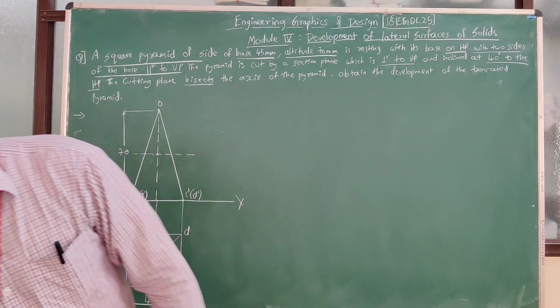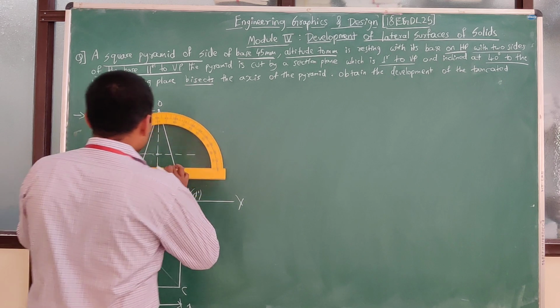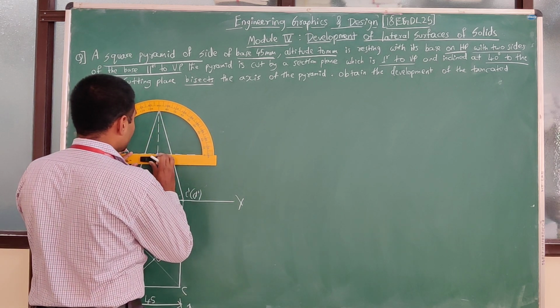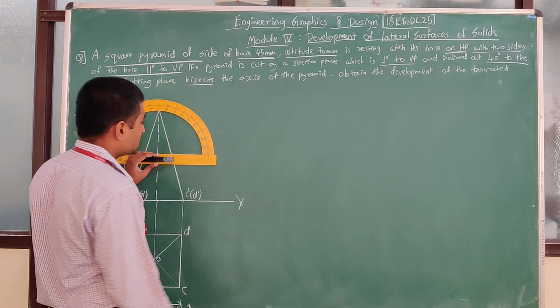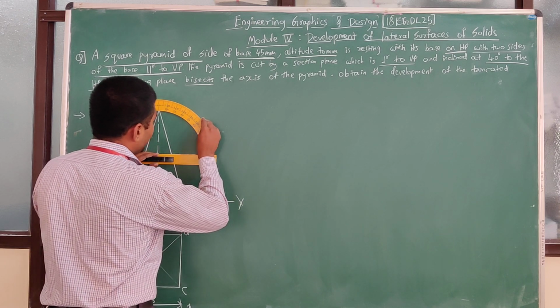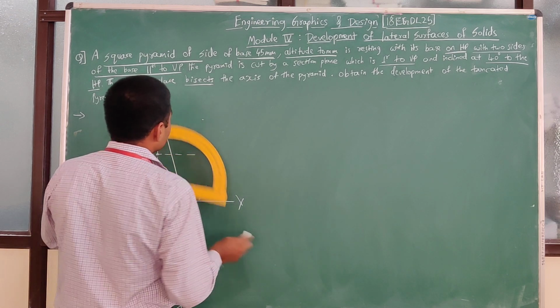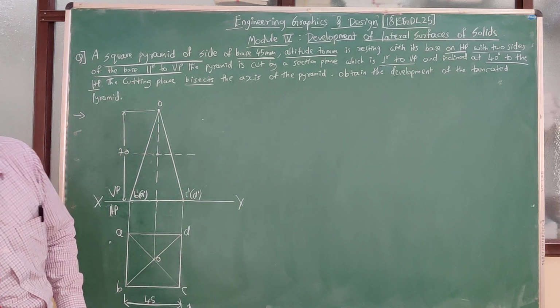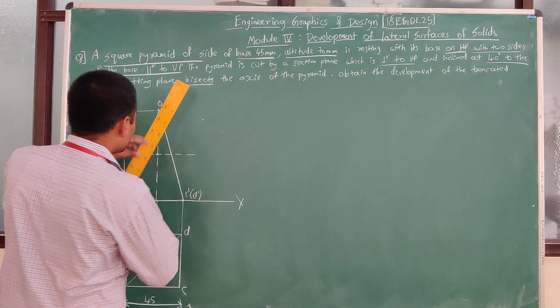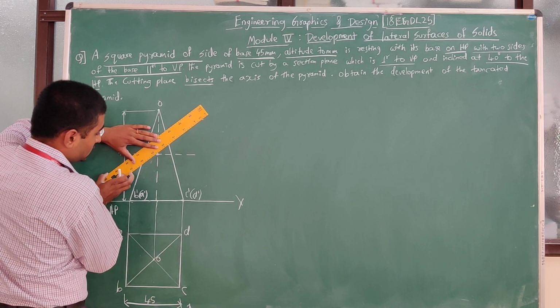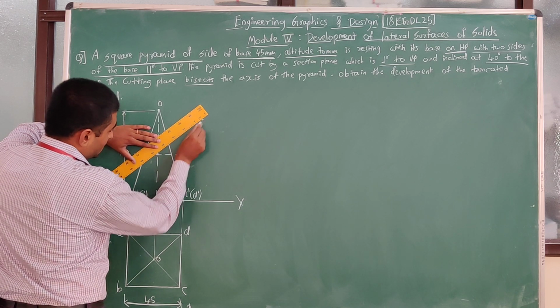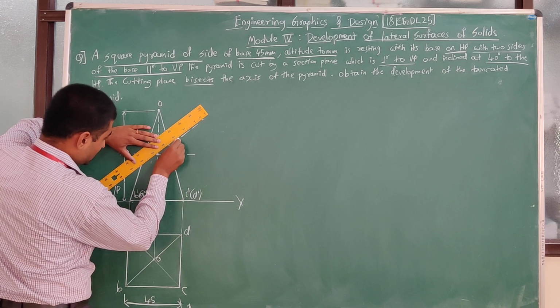Right? So keep your protractor, and I always said that the cutting section plane we always take in the anti-clockwise direction. So if I take the 40 degree angle here, you can check that point, and now you are going to cut this section, keeping one point at the center and one more point on this one, you are going to cut the section.